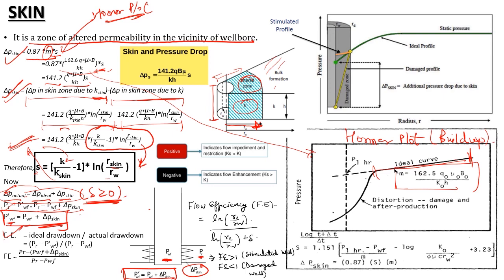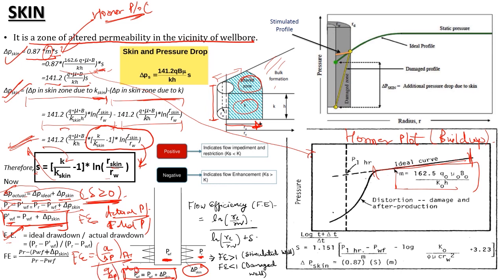Now, as we know, my flow efficiency will be equal to the actual productivity index divided by the ideal productivity index. Fe is equal to actual PI, and as we know, PI means Q by delta P. So it is Q by delta P of actual and Q by delta P of ideal.